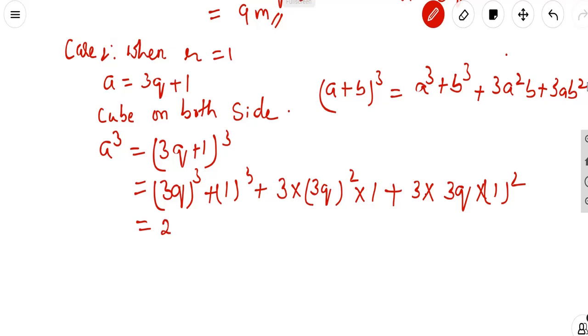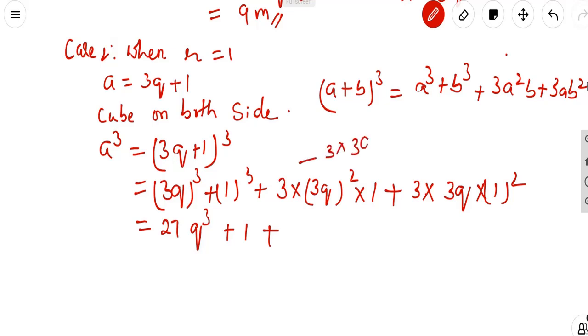If you multiply all the three terms, it's going to be 27, because 3 into 3 is 9, 9 into 3 is 27. So it is 27 q to the power of cube plus 1 plus, so 3 into 3 it is 9.